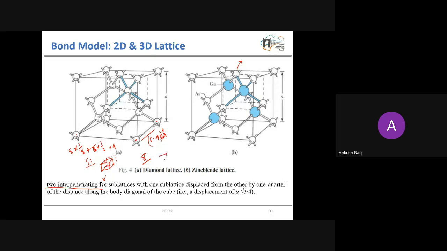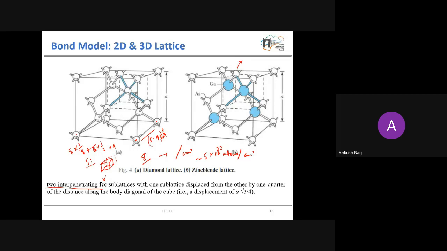Similarly, you can calculate how many atoms there will be per centimeter cube. This is how to calculate the atomic density. If you do this calculation on your own, if I remember correctly, it will come around 5 into 10 to the power 22 atoms per centimeter cube.